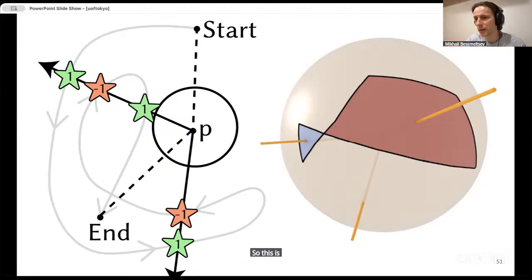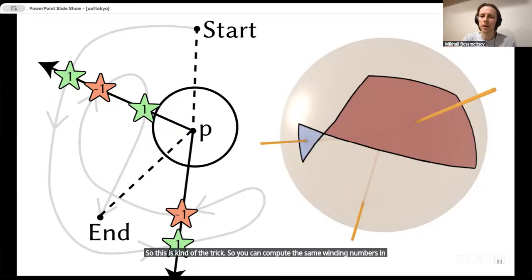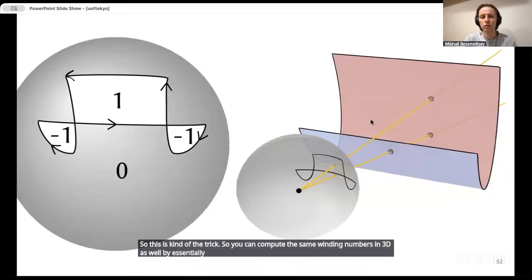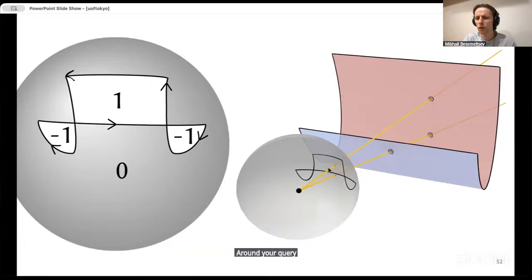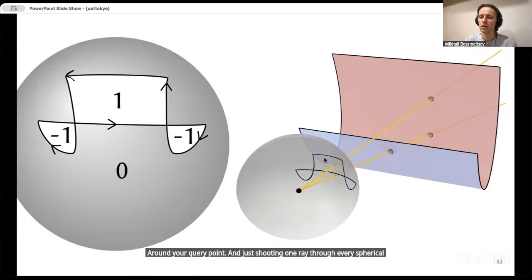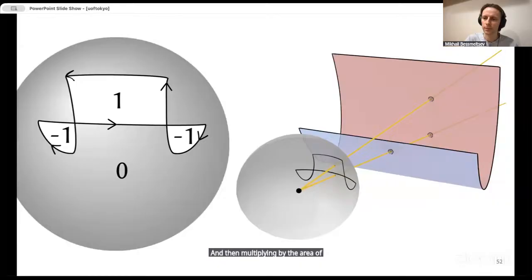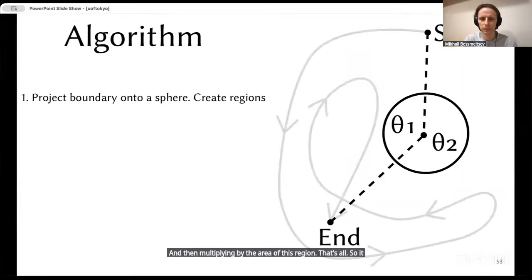So you can compute the same winding numbers in 3D by taking the boundary of your surface, projecting it onto the sphere around your query point, shooting one ray through every spherical region, and multiplying by the area of this region. That's all. So it turns out that's the whole algorithm.